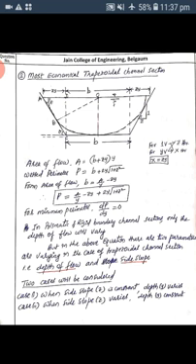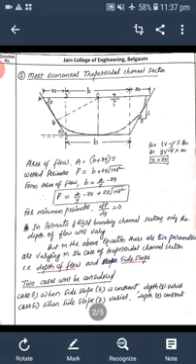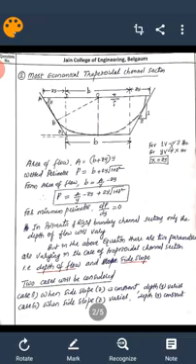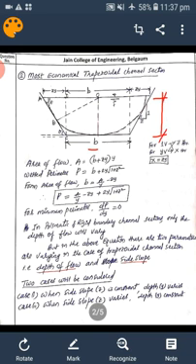So let us consider a trapezoidal channel section of bottom width B and depth of flow Y, or D. Also take the side slope for the channel section as 1 vertical to Z horizontal.